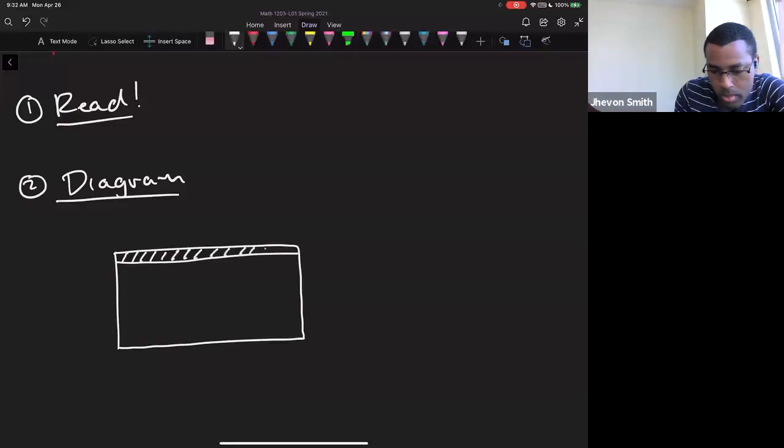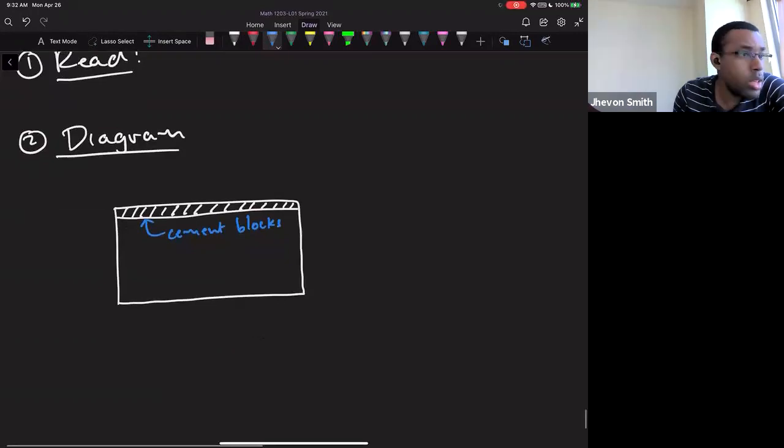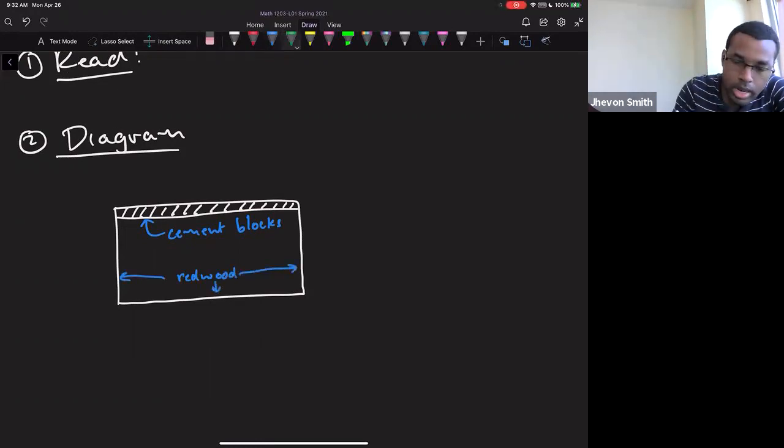So let this part here be the cement blocks. And then the other part is the redwood. So this side is redwood, that side is redwood, that side is redwood. And I know I want this to be 600 square feet in area.